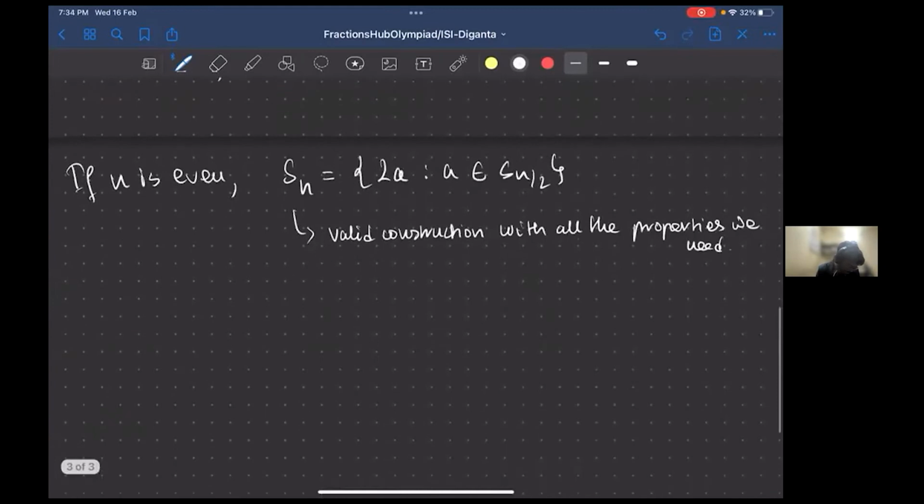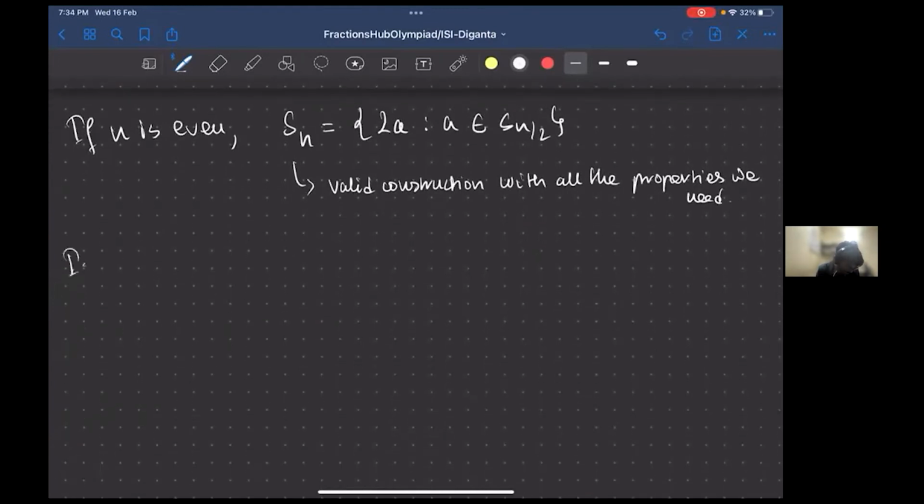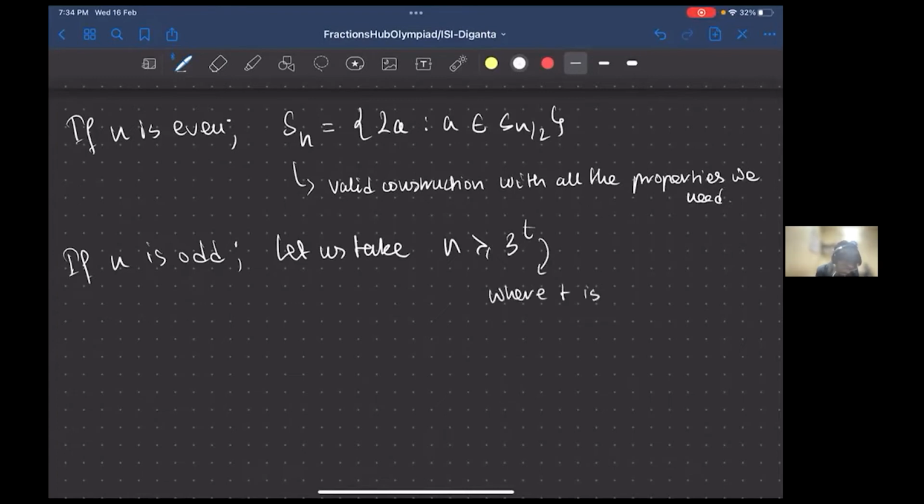Now, if n is even, we are done. If n is odd, we need one more construction. So let us take 3^t to be at most n, where this t is as large as possible.